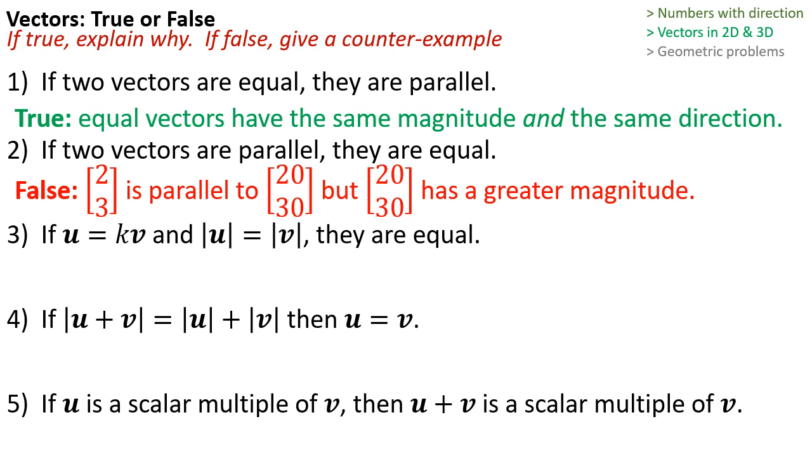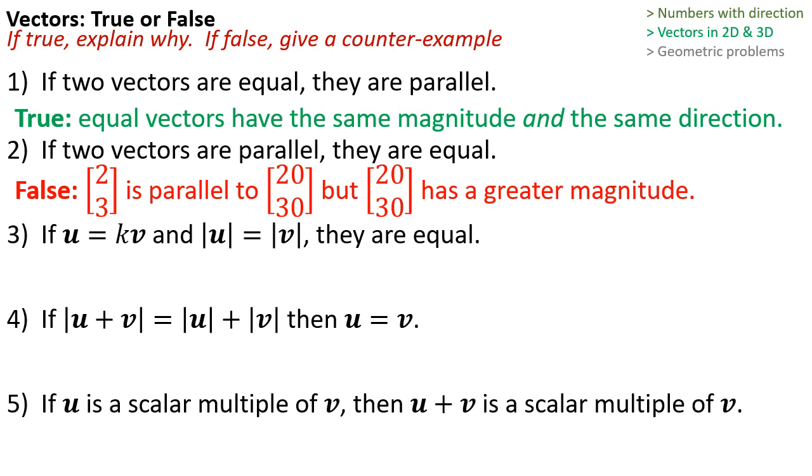For the third one, v and u are scalar multiples of one another. So if k was 2, for instance, then u is twice the size of v, or v is half the size of u. So depending on which way around you look at it, each one is a scalar multiple of the other one. But here we're saying that the size of u and the size of v are the same.